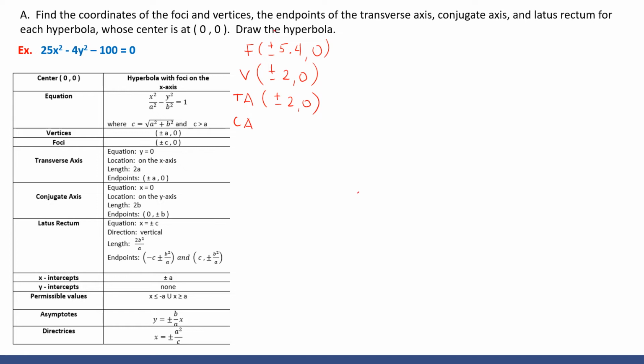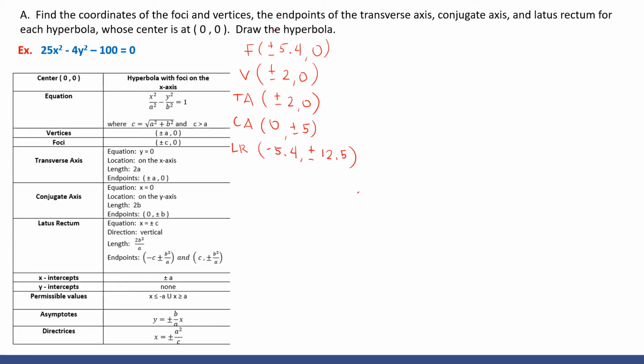Endpoints of conjugate axis is 0 and then plus minus 5, while the endpoints of the lattice rectum is negative 5.4 and then plus minus 12.5. With this, kaya nating i-draw yung ating hyperbola.